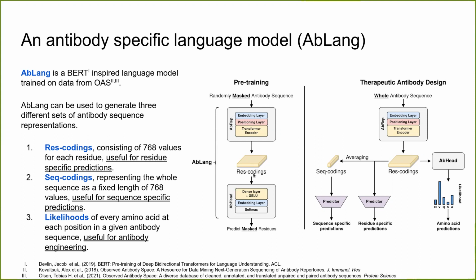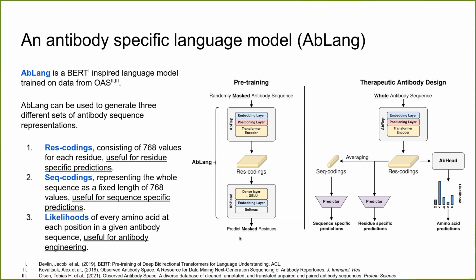This information is also encoded into this latent space, these residue encodings, which are near the end of the model. We can then take these residue encodings and use them for residue-specific predictions, or by averaging across them for sequence-specific predictions. Thirdly, we can also keep the AbLang head and then use the outputted likelihoods for amino acid specific predictions.